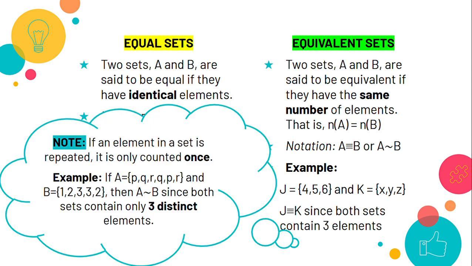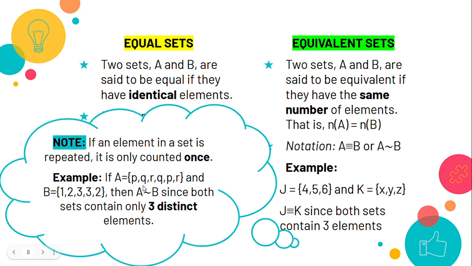Now it's important to note that whenever we have a set that contains repeated elements, the elements are only counted once. For example, here we have set A equals P, Q, R, Q, P, R. We can see that the letters P, Q, and R are all repeated twice in the set.